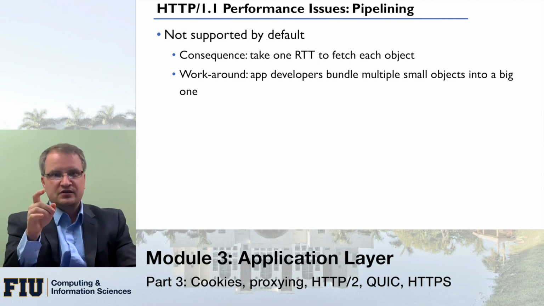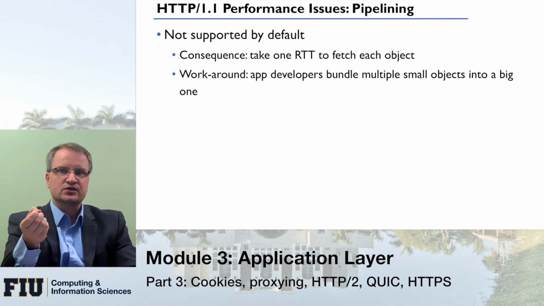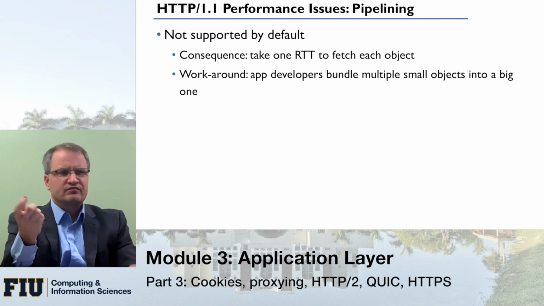And so one workaround, and I have actually experienced this one during development of some of the web applications that I did. I don't know if you did web development, you may or may not have done this before.